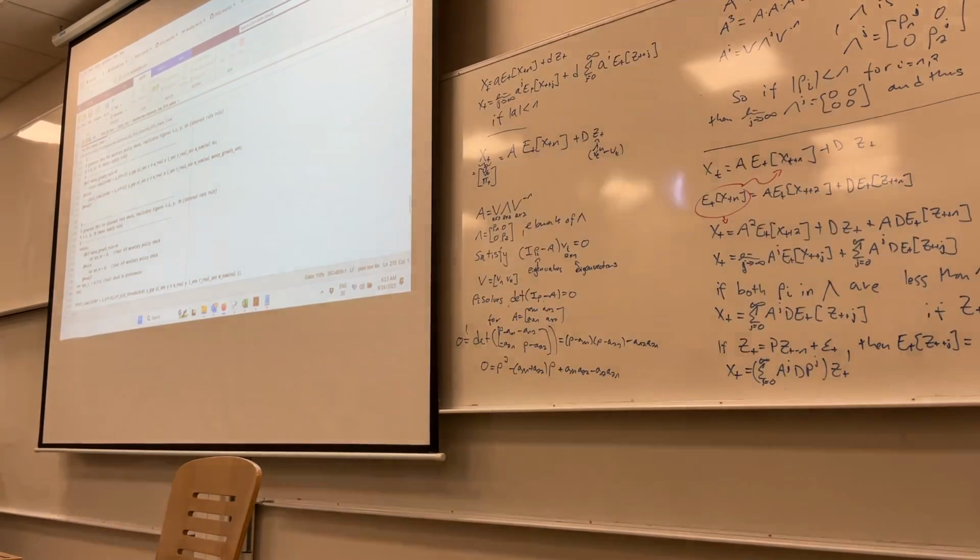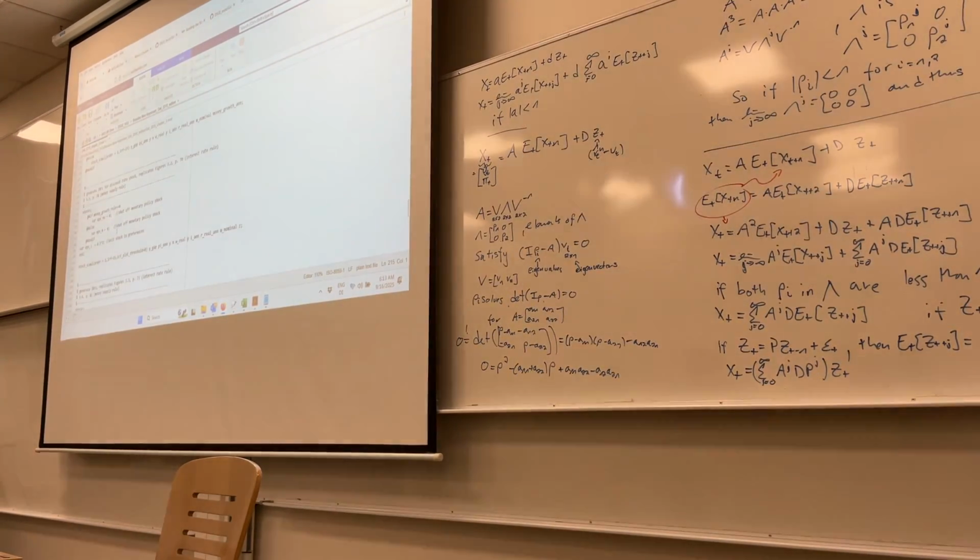So with the IRFs, the monetary policy shock, or the discount or preference shock, we don't look at together. And then we also look at the preference shock and the technology shock.